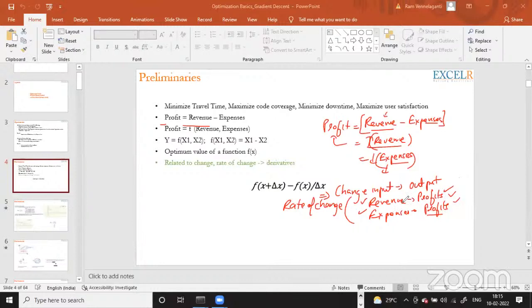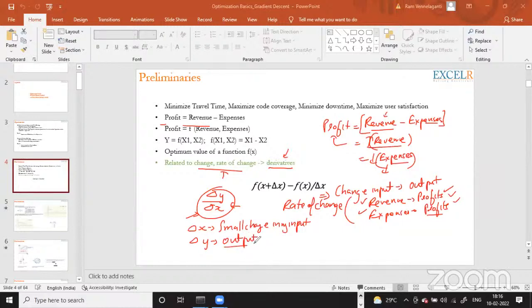So how can I understand this rate of change? I can understand with the help of derivatives, with the help of delta y by delta x. A small change in input, delta x, how can it affect my output?